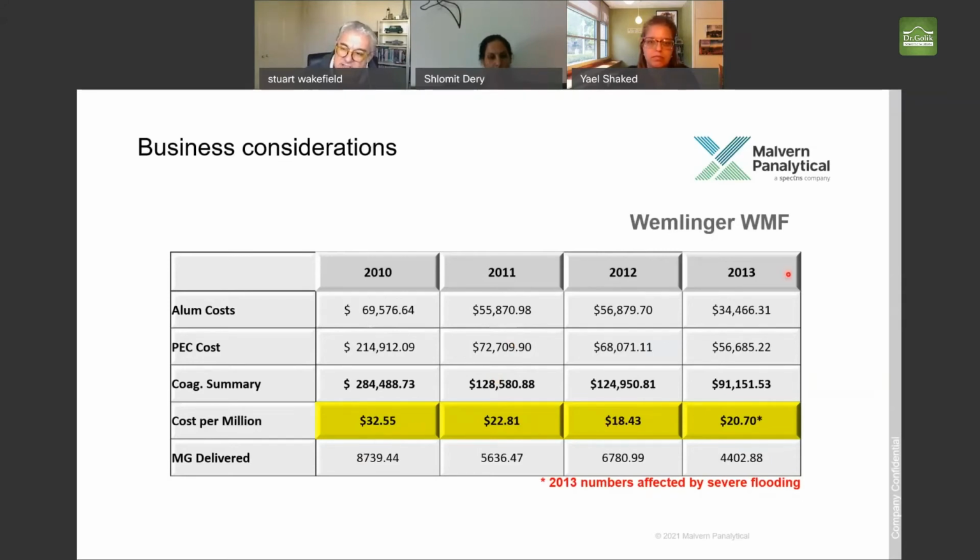In 2013, the cost actually went up, and this was affected because they had huge flooding in the area because of the environmental conditions, storms and melt flow from the snow, etc. And of course, they had to use more chemical. Their plant was out of control on many occasions. It was changing rapidly during a 1 hour period, never mind a 24-hour period. So they had to use more chemicals to keep it under control with the vast changes.